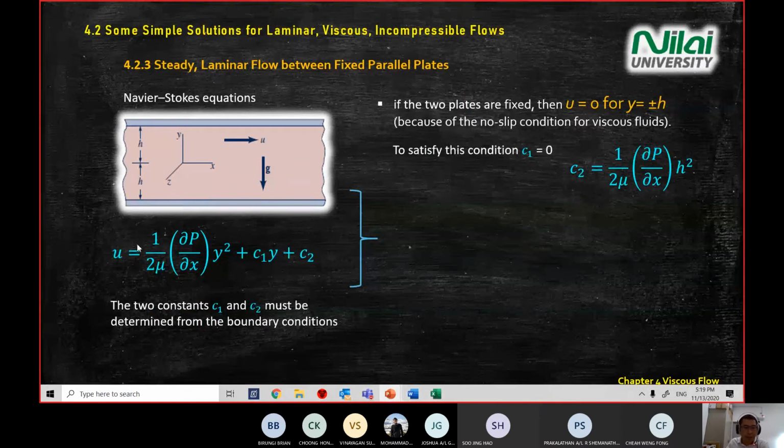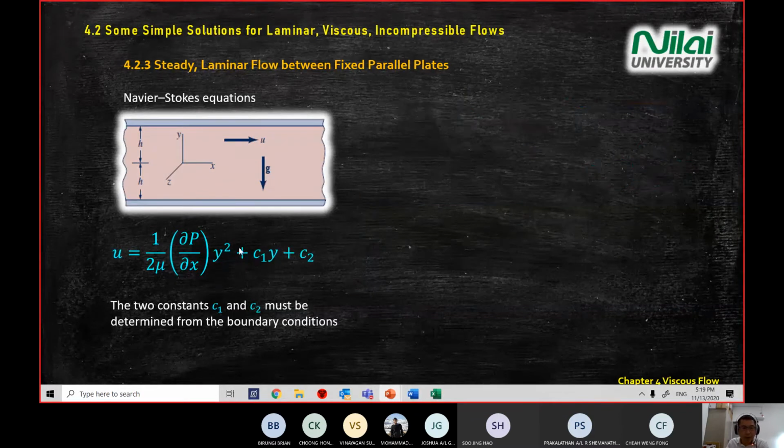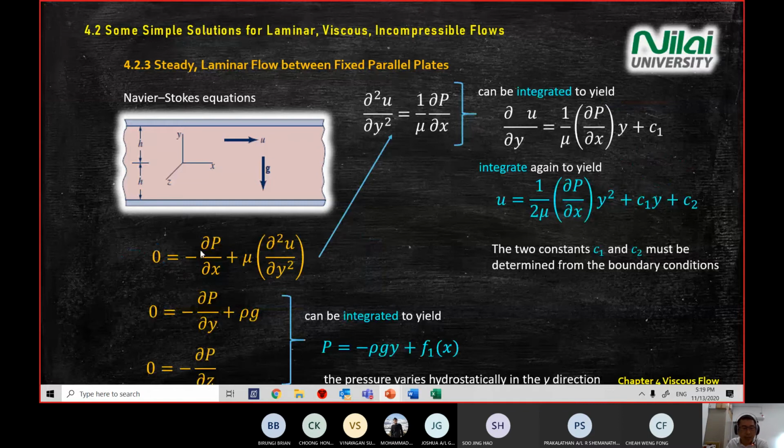This is the u that we integrated from the x component just now: u equal to 1 over 2 mu del p over del x y squared plus a constant value. All right, again, this comes from the Navier-Stokes equation after the statements that we simplified. And then for the y and z components, we integrate and we get this equation.